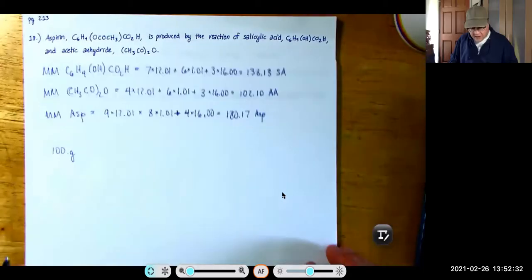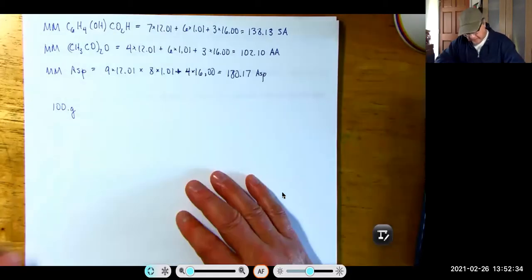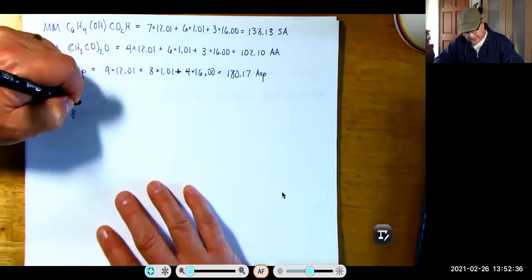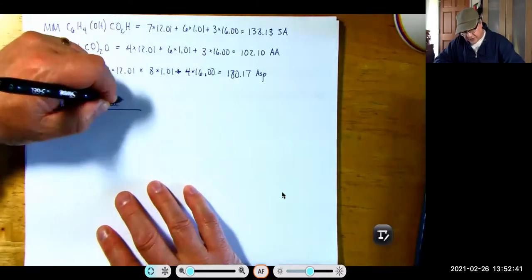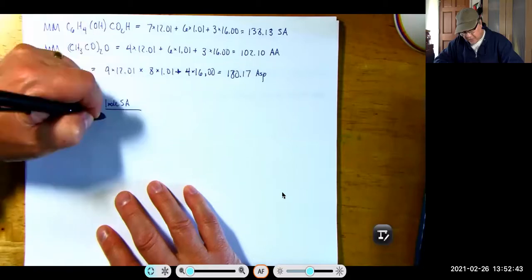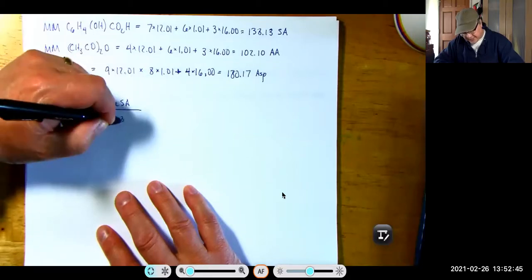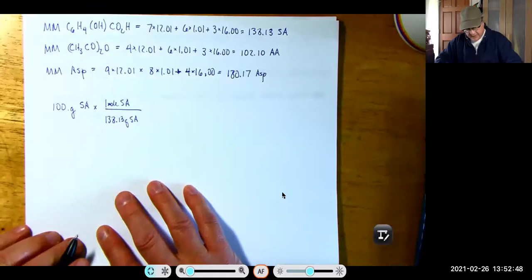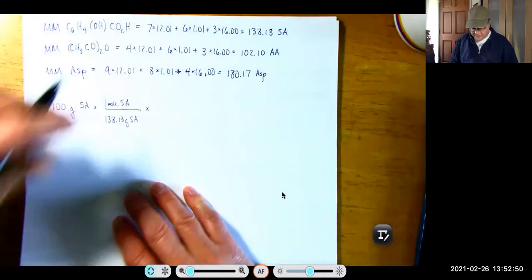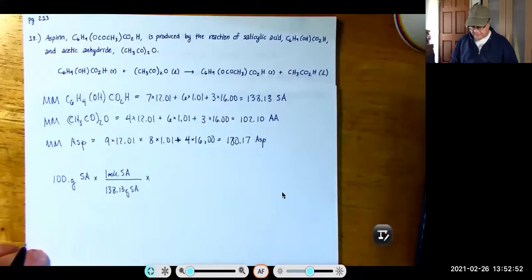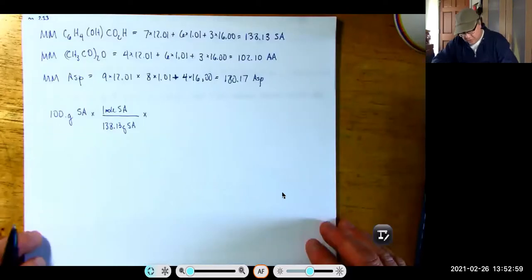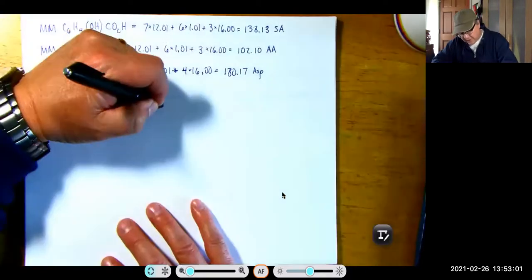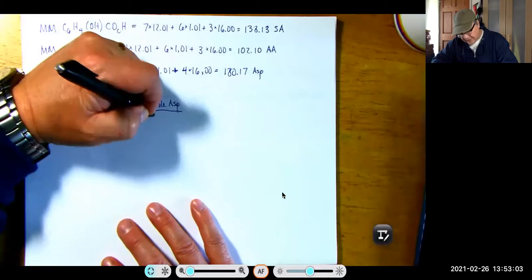So we're going to start out with 100 grams of salicylic acid times 1 mole of salicylic acid per 138.13 grams of salicylic acid. Now, if we look at the reaction, what are the coefficients? Isn't it just 1 for all? There are 1s for all of them. So that means 1 mole of aspirin to 1 mole of salicylic acid.